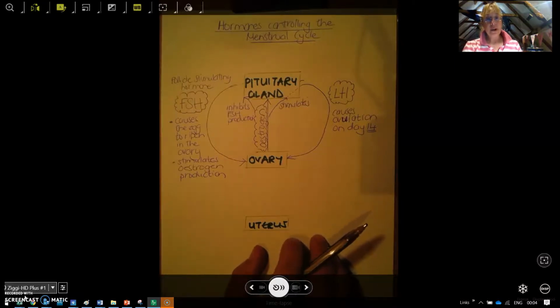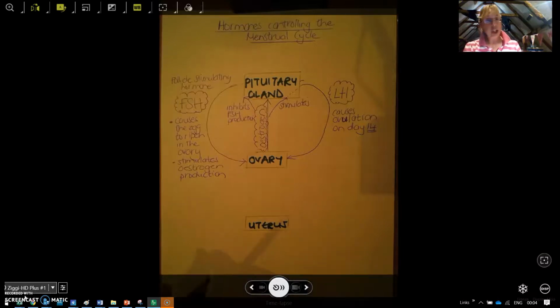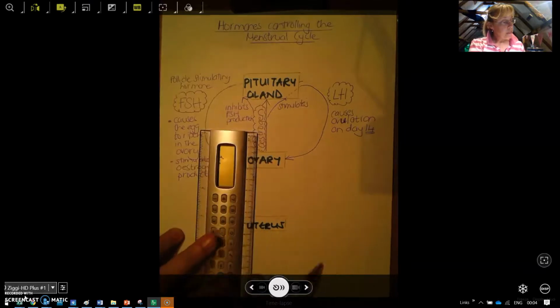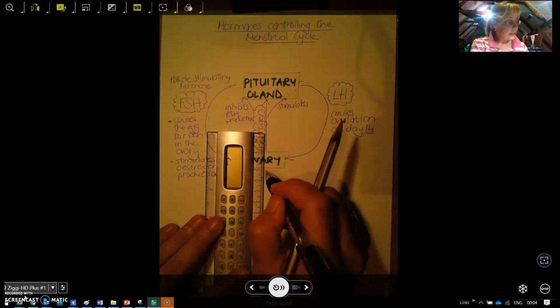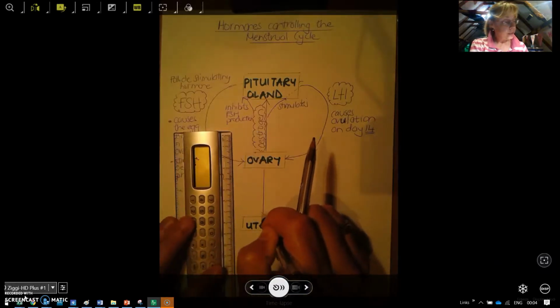Okay, now the ovary also secretes estrogen, which targets the uterus.